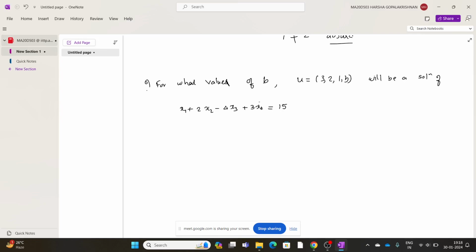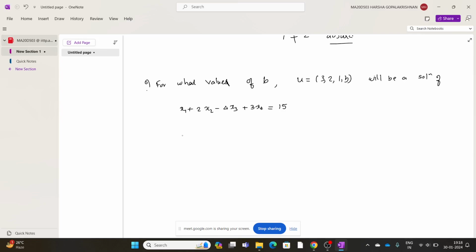Is the question clear for everyone? Here u equals (3, 2, 1, b) is given. b is some unknown value, we don't know. So we need to find what is the value of b for which this u is a solution of this one. That is, u should satisfy this equation.